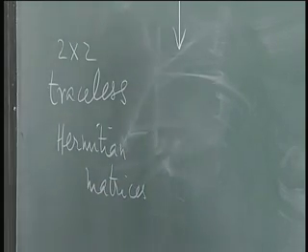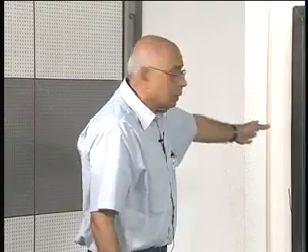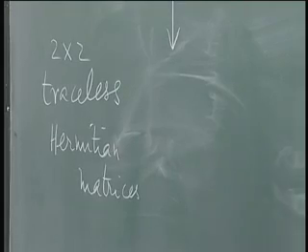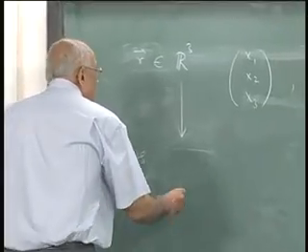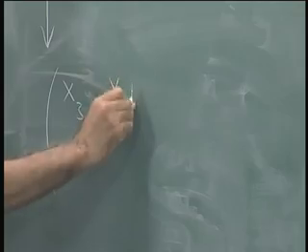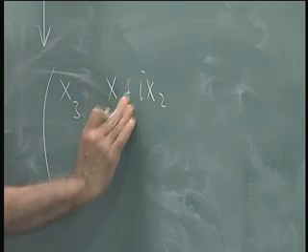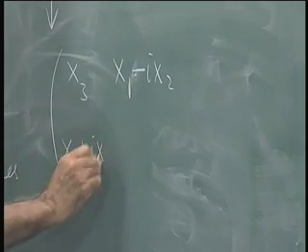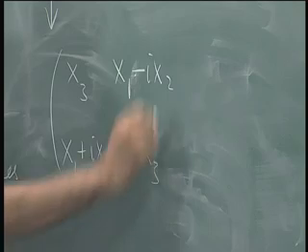You can always do this, just as I showed you there were many representations of R1 itself. You could write R1 in terms of a function space, in various ways. In exactly the same way there is a map which takes you from R3 to 2 by 2 matrices, and that is as follows. Let me write it as the matrix with x3 and minus x3 on the diagonal, and x1 minus ix2 and x1 plus ix2 off the diagonal.